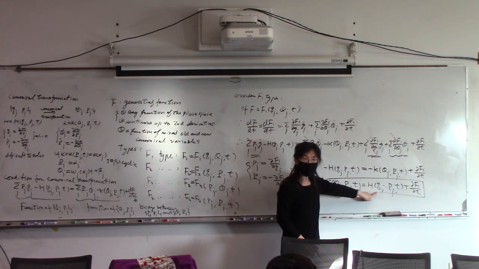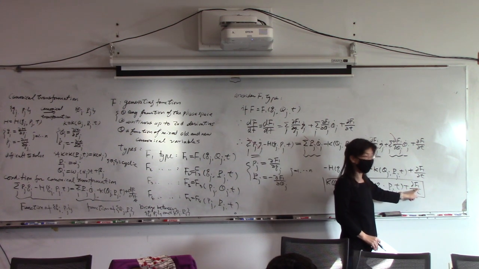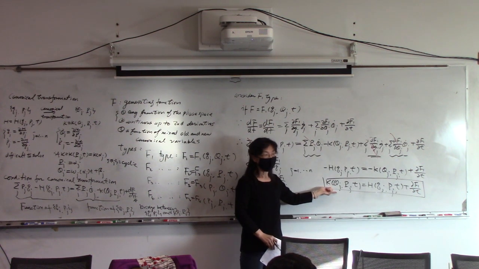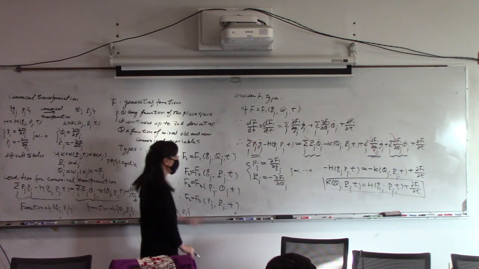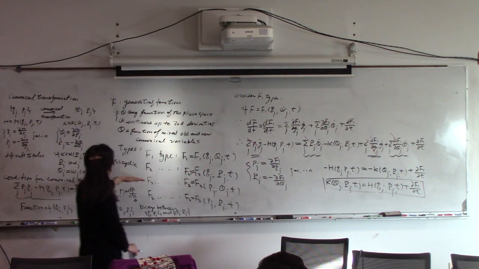We know this one, that's the initial. If we know the generating function, then we just take the partial derivatives, and we come up with this. Of course, I'm going to discuss the details later.